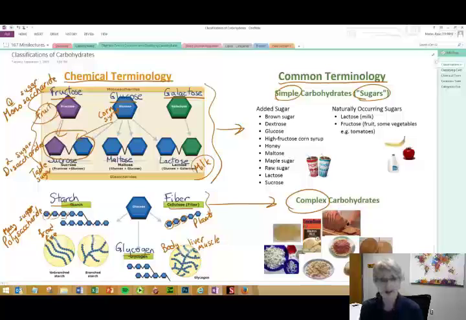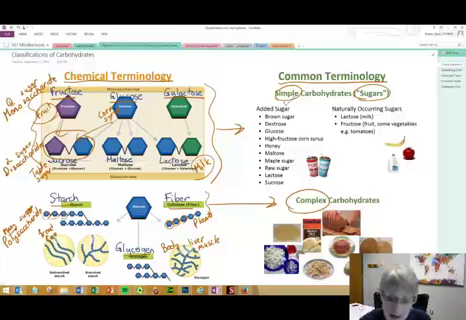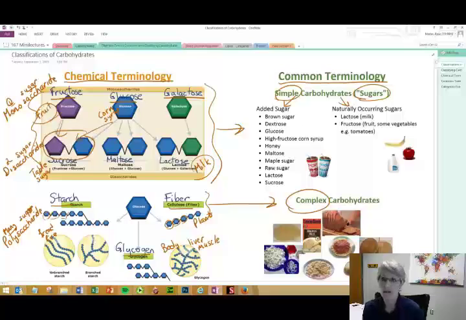So we have to subdivide it into further categories, the two categories of added sugar and naturally occurring sugar. Sugar made by the food itself is considered naturally occurring. So we think about the lactose in milk, and the fructose in fruits and some vegetables like tomatoes.